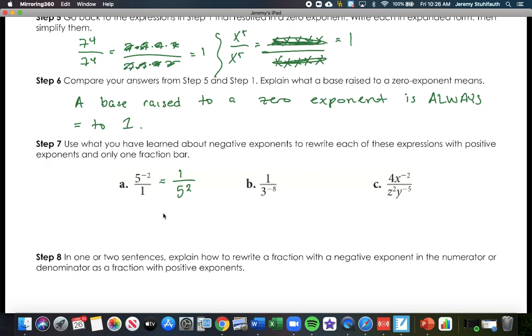So instead of negative 2, it would be positive 2. Letter B would be equal to the reciprocal of 1 over 3 to the negative 8th, which would be 3 over 1, with 3 raised to a positive 8, because after you take the reciprocal, your exponent becomes positive.